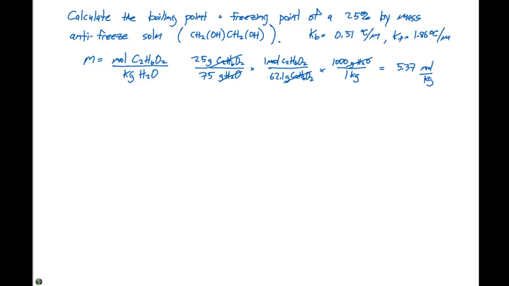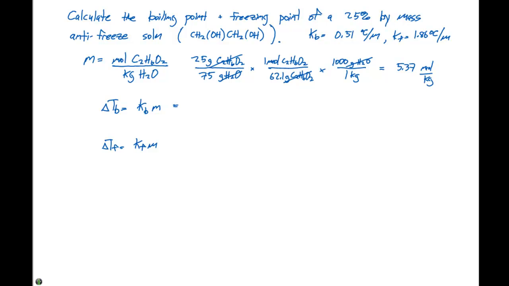per kilogram. So in terms of each of these, we can say that the delta TB is going to equal Kb times m. And we also know that the delta Tf is going to equal Kf times m.